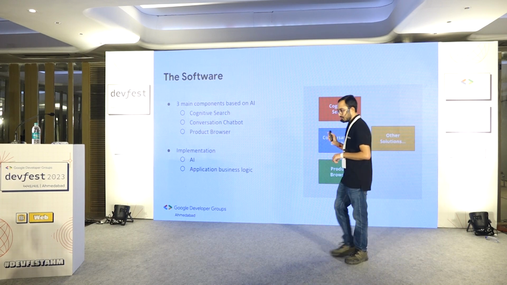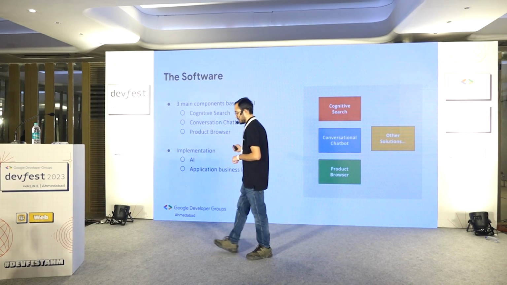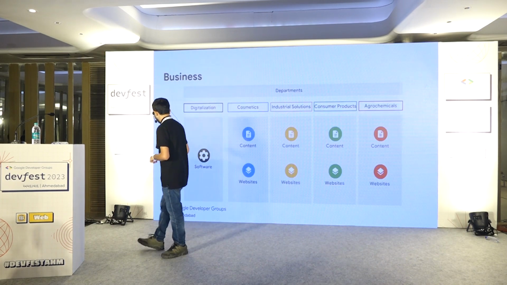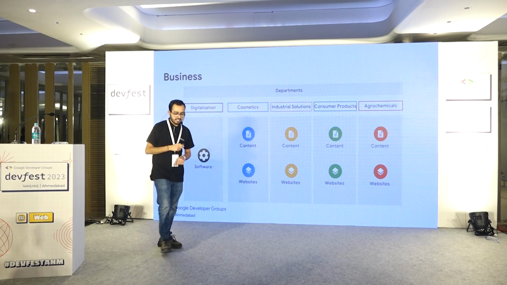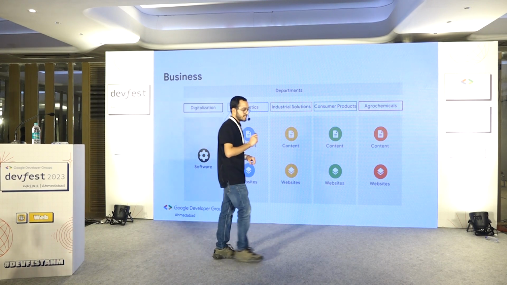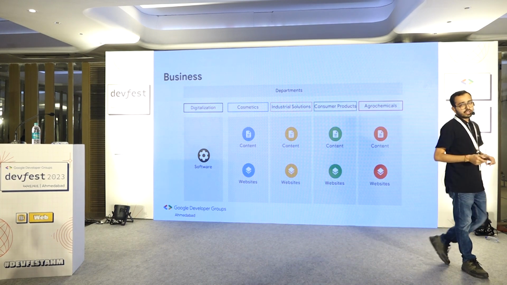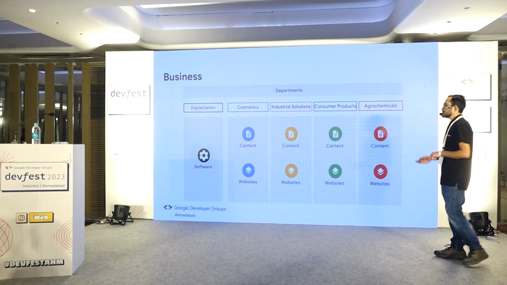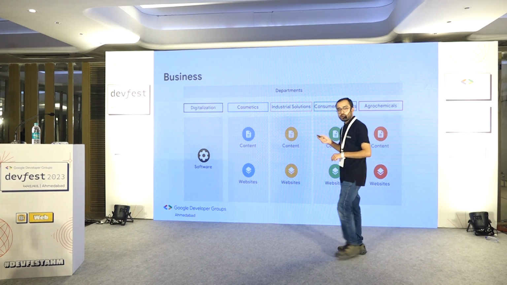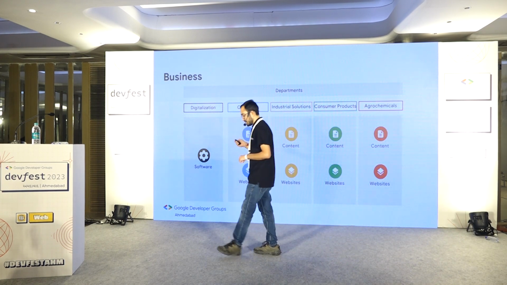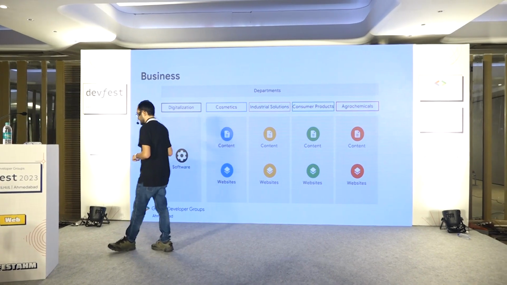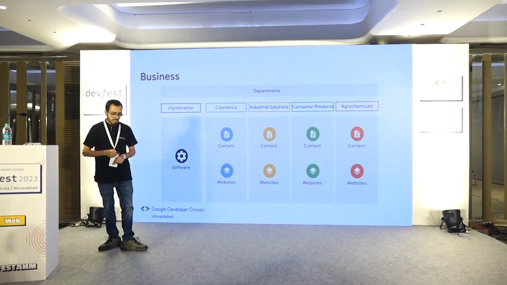Now, something that is a point of thought here is the amount of energy and time it has taken. So let's understand the business. We took a look at the technical side of it. Let's now understand the business. The business contains several departments, and we specifically worked on a product in the digitalization department.